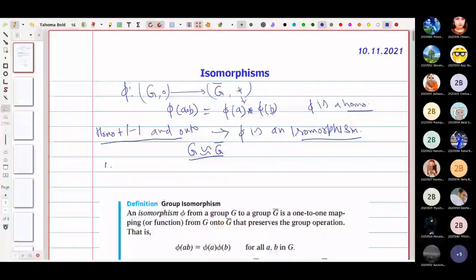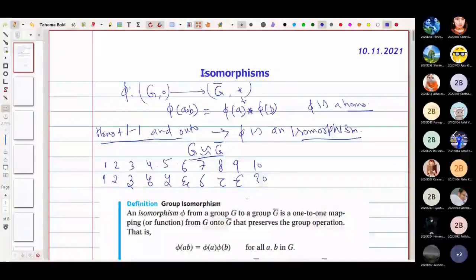Suppose you write 1, 2, 3, 4, 5, 6, 7, 8, 9, 10 like this, and then you write them in Hindi below.